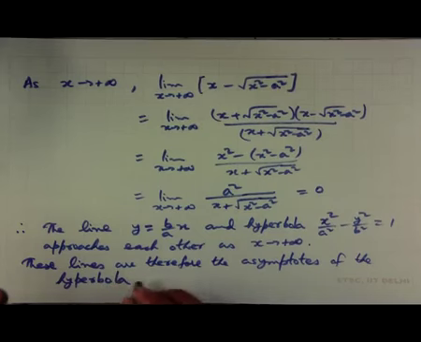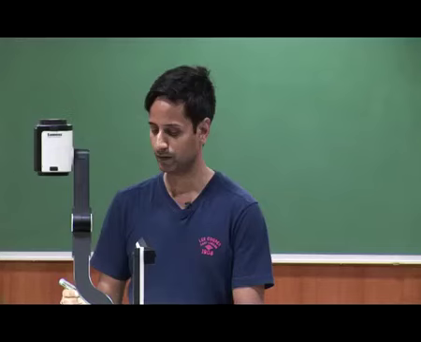So, the lines y equal to b by a x and y equal to minus b by a x, these two are asymptotes.